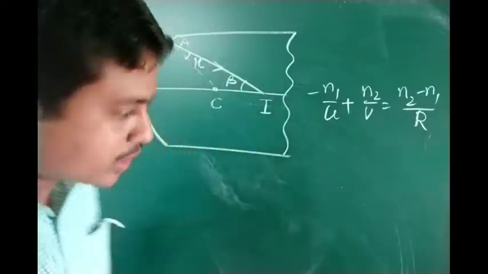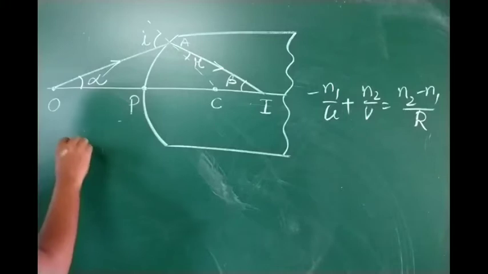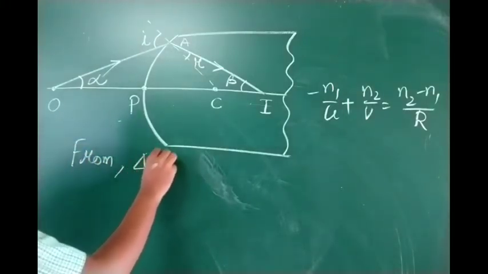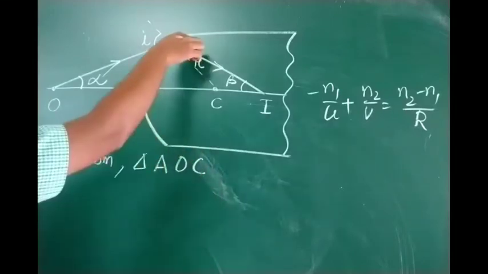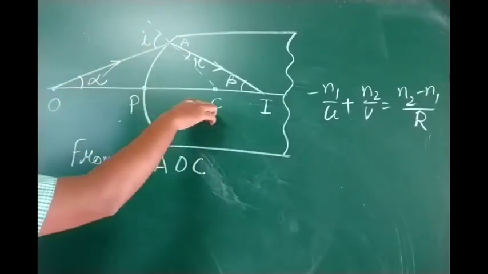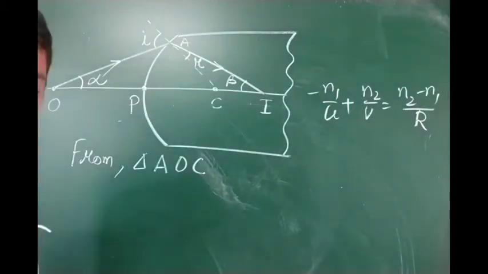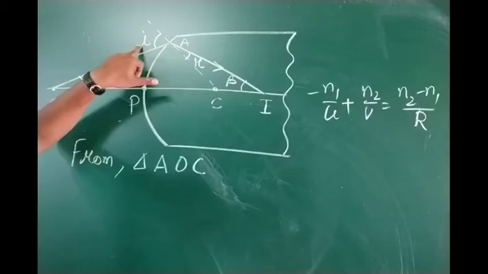Now if I consider the triangle AOC, from the triangle AOC, this is angle I. This is an exterior angle.